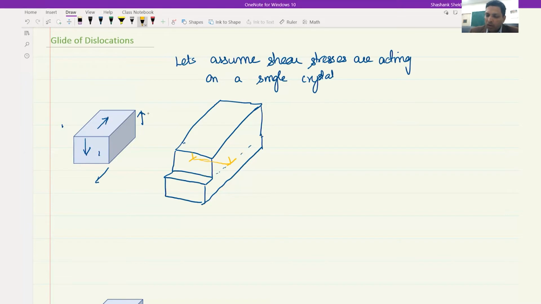It has already moved over here, and over time it will move even further, and eventually it will go all the way to the other end, and then we will have a step over there too.